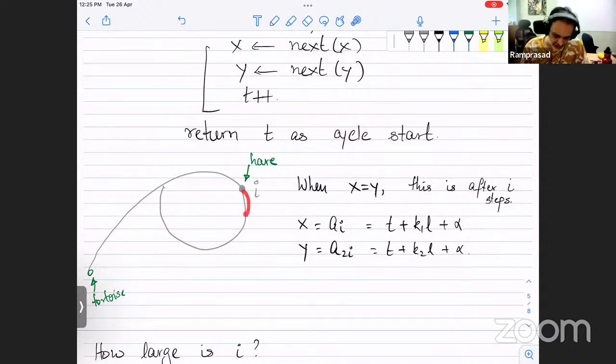So the hare moves one step, tortoise moves one step, and then the hare moves one more step, tortoise moves one more step. What is the first point that they will meet? I claim that the first point they will meet is this. Can someone explain to me why that should be the case?